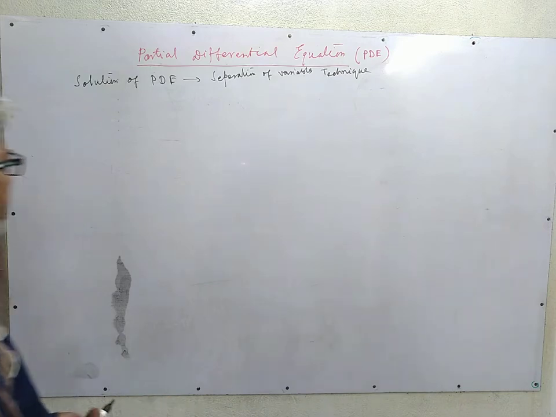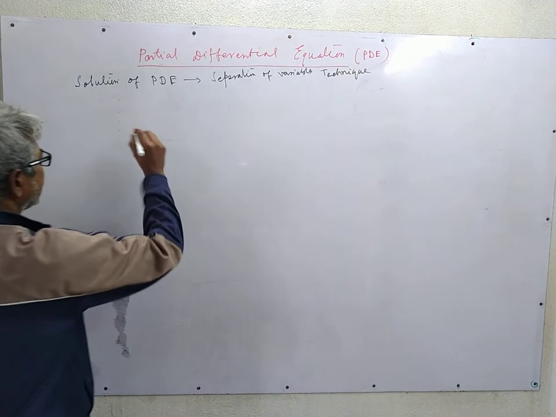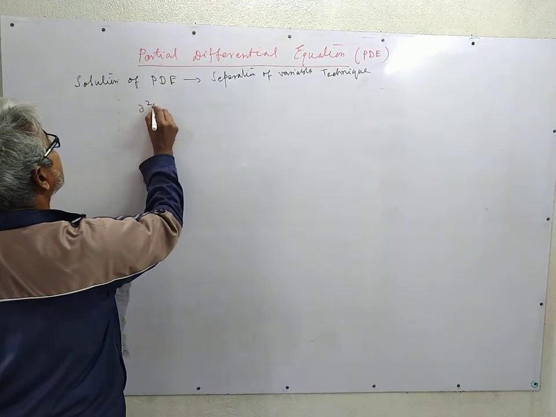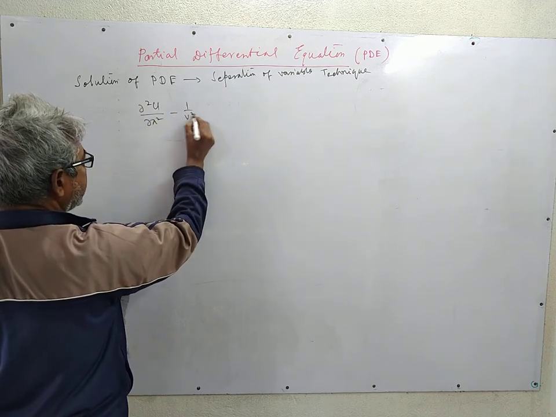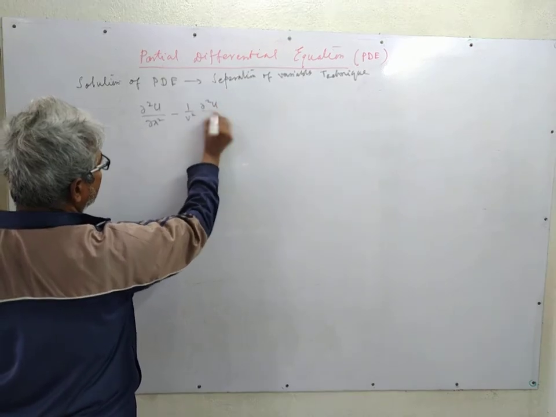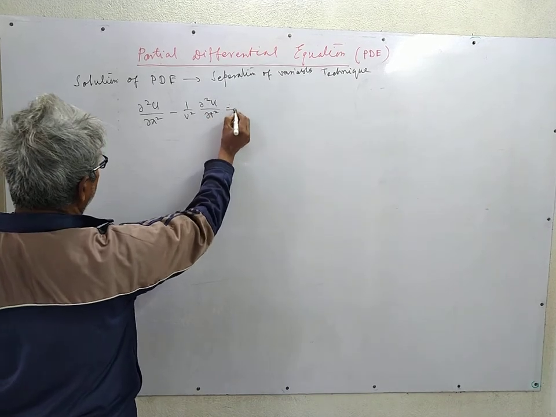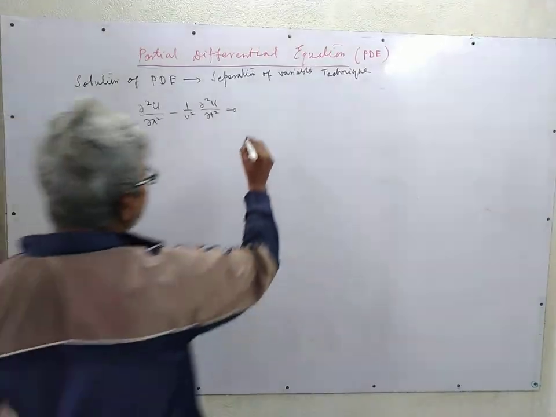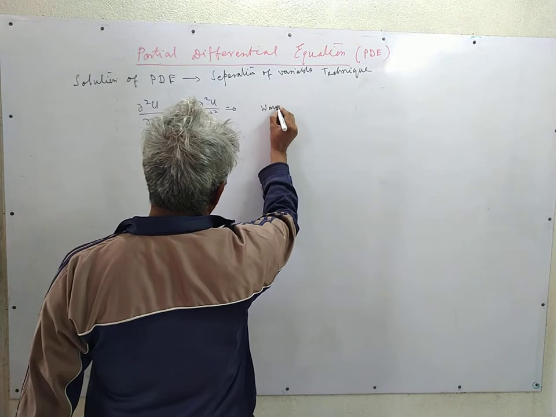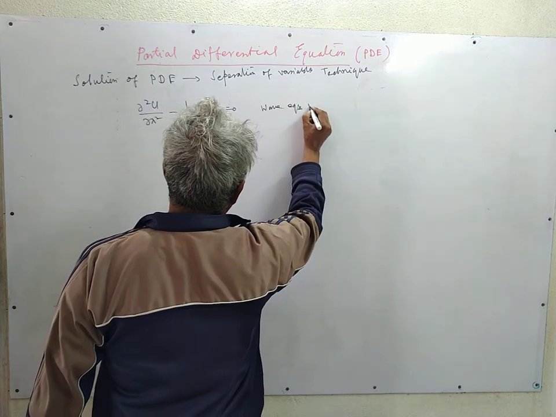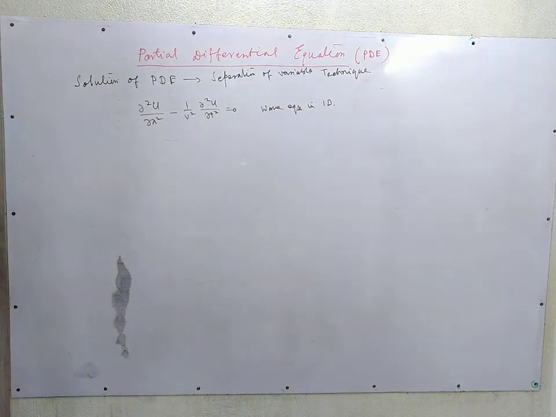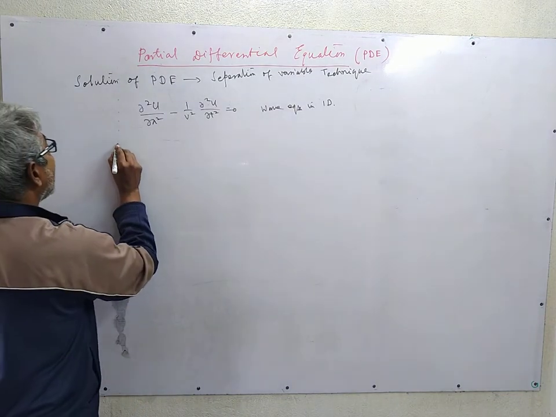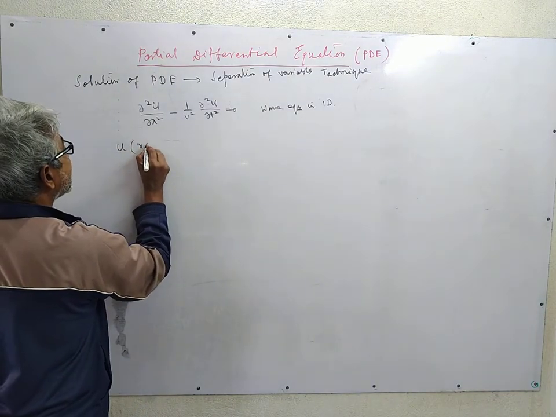Let us consider a partial differential equation, that is del 2u del x2 minus 1 by v squared del 2u del t2. This is a wave equation in 1D. Now we know that u is a function of x and t.